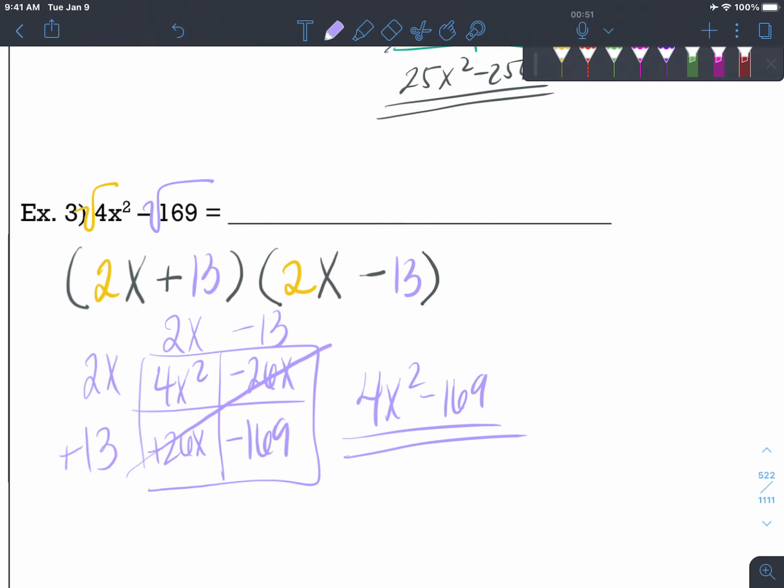All you need to know is that whenever you see ax squared minus c, and a and c are both perfect squares, those numbers like 1, 4, 9, 16, 25, 36, 49, 64, 81, 100, 121, 144, 169, etc., that is something that we can utilize this difference of perfect squares method on. Okay? This only applies to these kinds of problems.